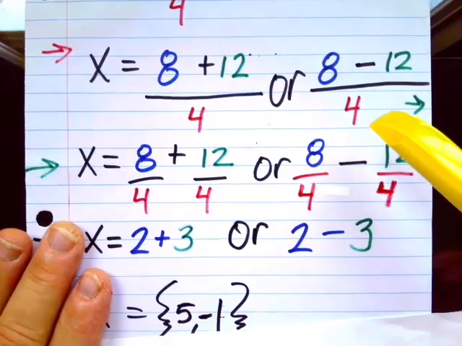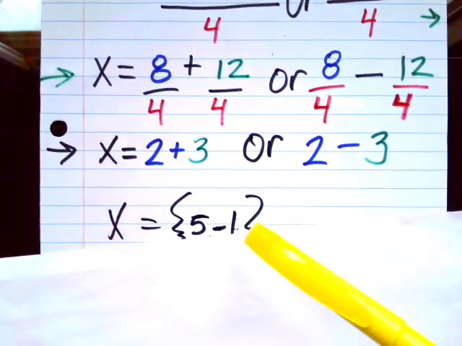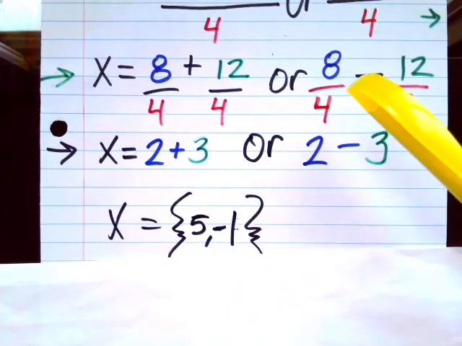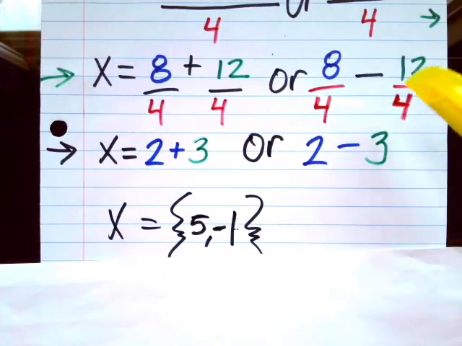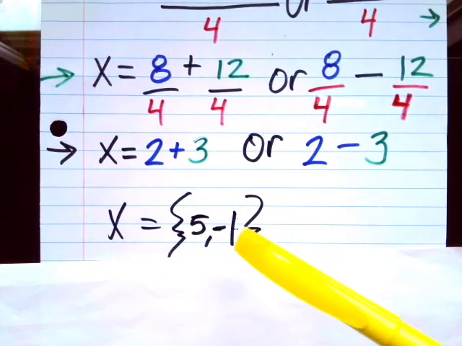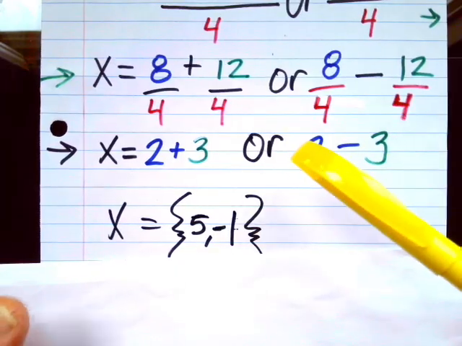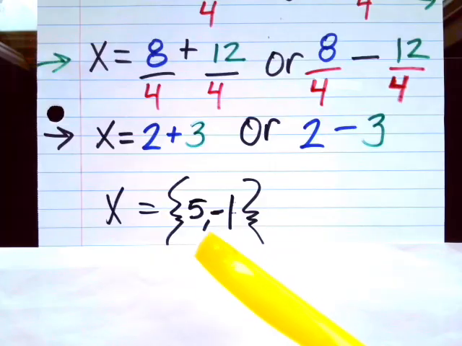Negative 4 divided by 4 is a negative 1. So I'm showing you that value down here. Or again, 8 divided by 4 is 2. Minus 12 divided by 4 is 3. 2 plus a negative 3 is negative 1. So there's many different ways you can come up with these values in the answers shown here.